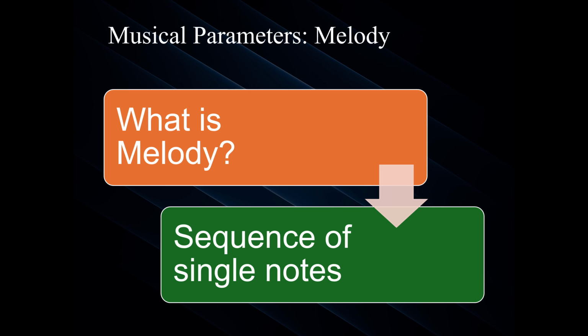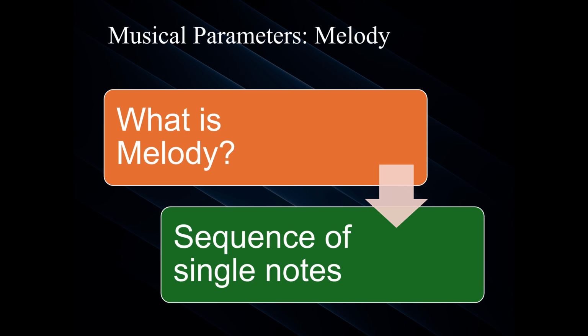So let's walk through a basic music theory definition here, and I will demonstrate this as we go, and hopefully this will make a little bit more sense. So starting off, melody is a sequence of single notes. If it were a sequence of multiple notes sounded at the same time, we would get chords, right?